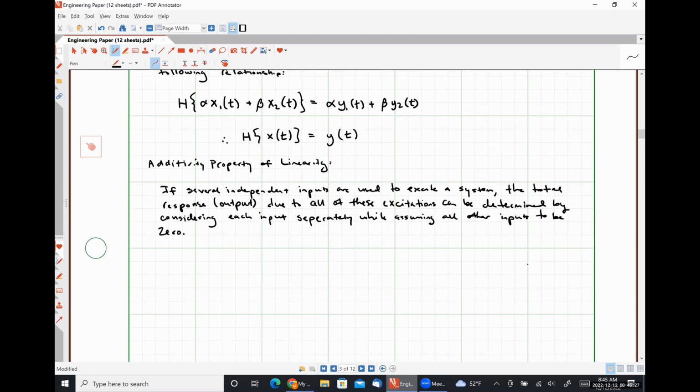Now let's talk about the homogeneity or scaling property of linearity.